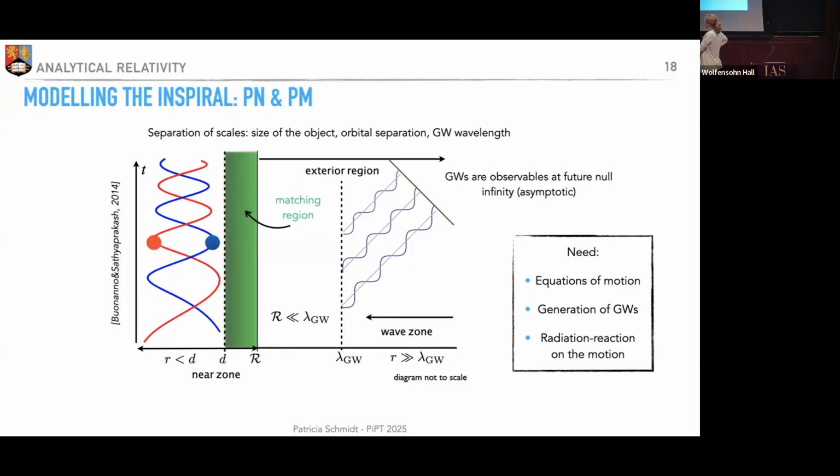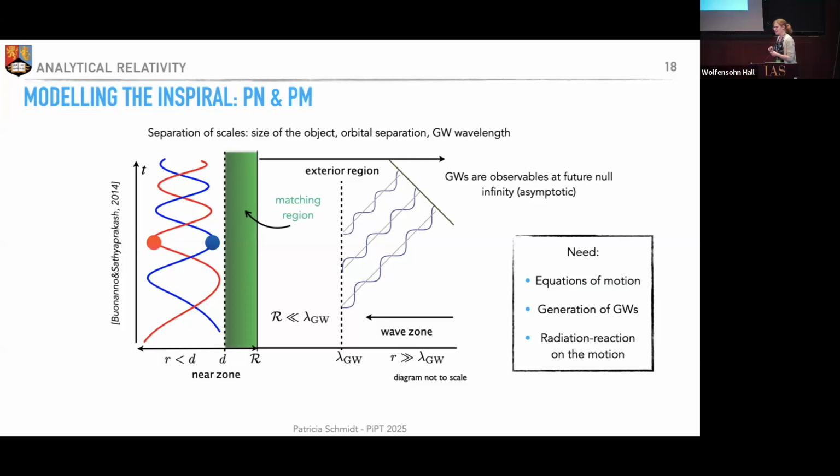And this green region is very, very interesting. That's sometimes referred to as the buffer region or the matching region. And I know there's some PN experts in the audience. This is where really the interesting magic happens, in my opinion, where you connect your near zone dynamics to your observables at future null infinity by expressing the multipole moments.